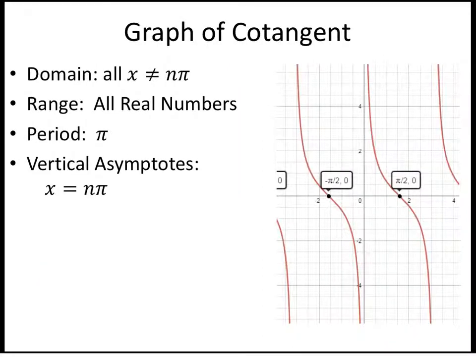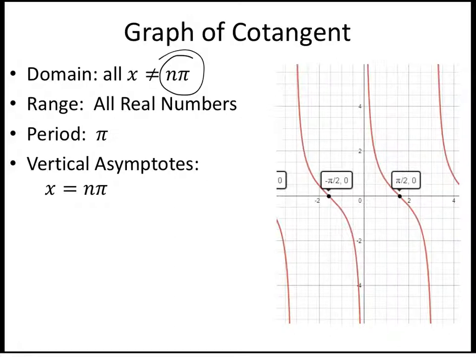Now let's look at cotangent. Cotangent is slightly different than tangent. You might think, wow, I should expect to see it just kind of flipped across the x-axis. But that's not quite what happens with cotangent. Cotangent actually has domain limitations as well, but instead of being at pi over 2 intervals, these are at intervals of pi.